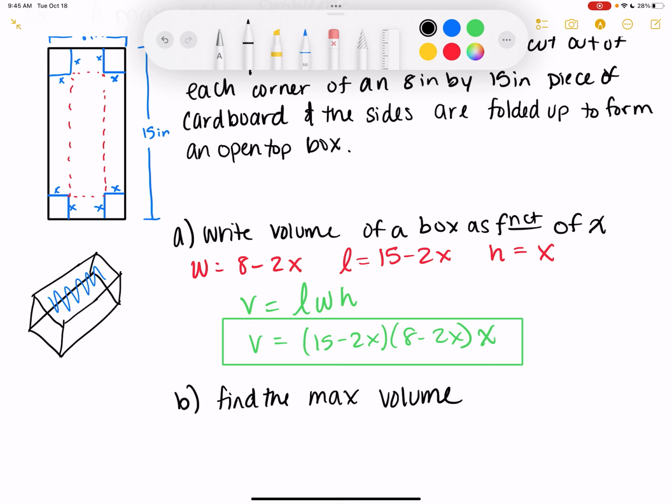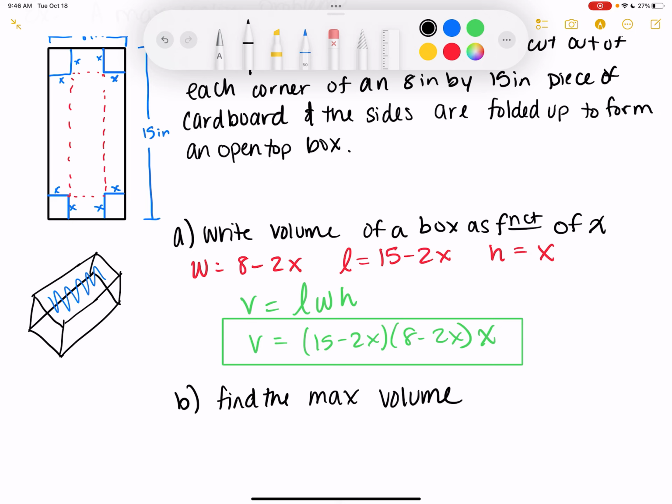So what you need to do, if you have stat plots still on from the stuff that we did last chapter, is turn your stat plots off. Hit second y equals, and there should be a button, I think number 4 or number 5, that says stat plot, turn stat plot off.